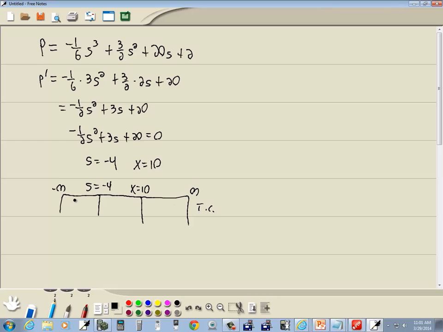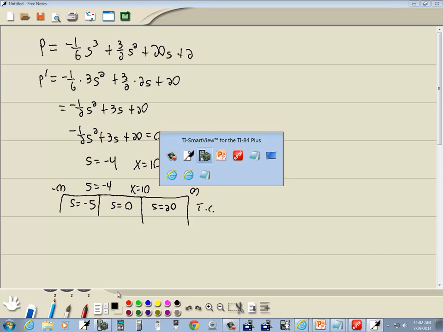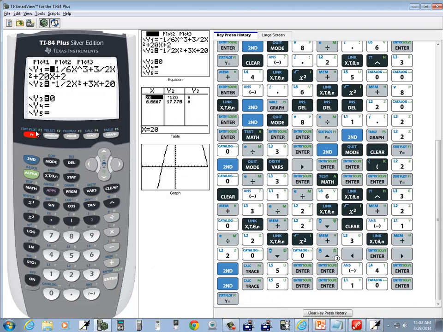So test cases. I don't really need to check this, but let me put in negative 5 over here. Here we want to choose a test case between negative 4 and 10, like 0, and something greater than 10, but easy to work with, like 20. And we want to plug that into our derivative. On my calculator, if I go back to y equals, remember our derivative is on y2.